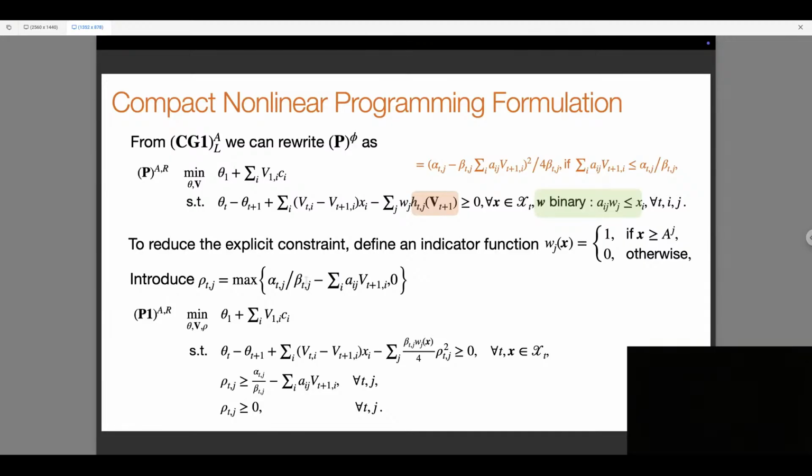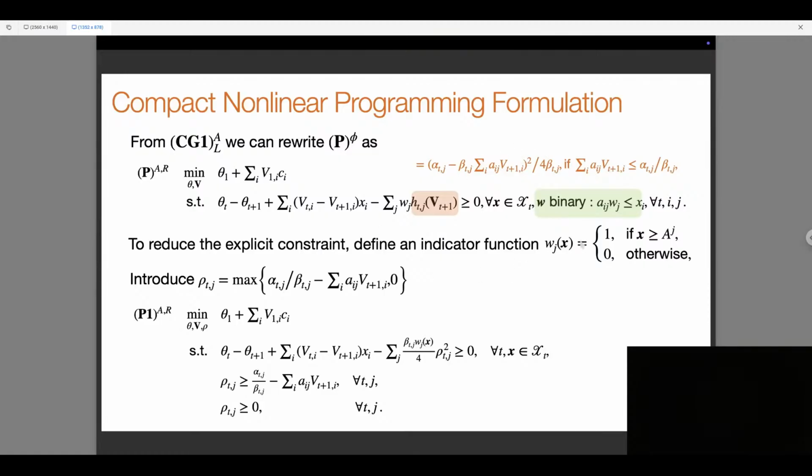The left hand side part inside this max operator actually comes from the value of the h function.